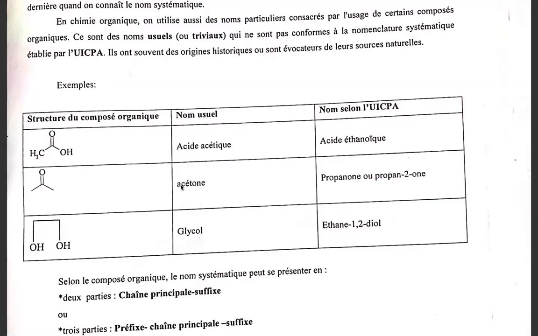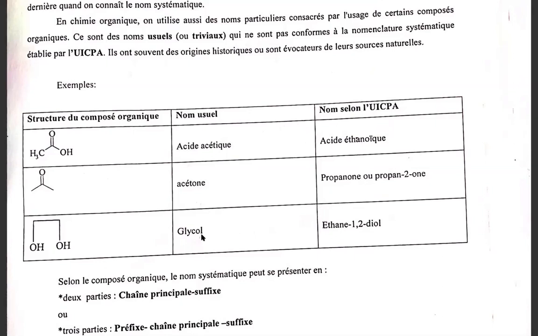So even the name here, acetone. A ketone has a termination of -one. So this is just an example. We have acetone as the nom usuel, and the nom IUPAC is propanone.